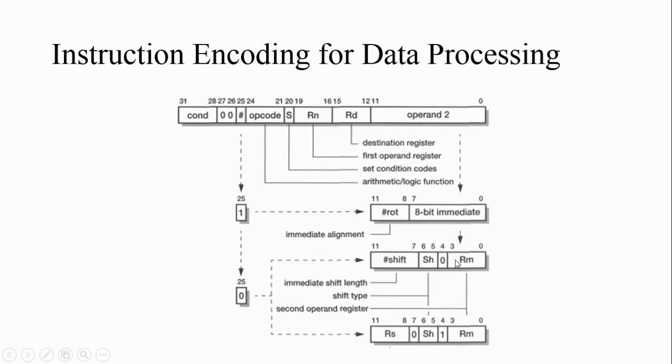So in the data processing instruction, let us take add. You are going to add the content of first operand register with the immediate value. In the case of data processing instruction with the immediate addressing, you are adding first operand register with the immediate value, or there is another type of addressing known as register addressing.